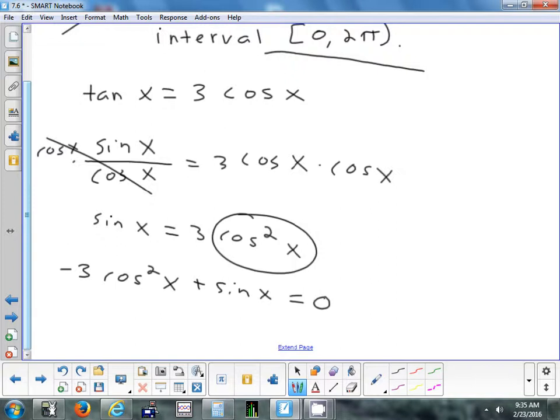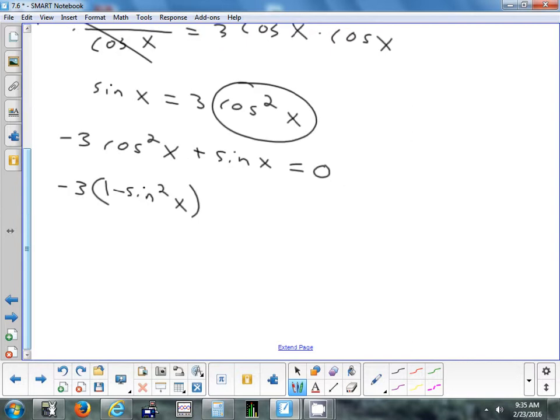All right. Cosine squared. Does anybody remember what that is? I think we already did it once. 1 minus sine squared. Okay, plus sine x. Right, we've got negative 3 times negative sine. What's negative times negative? Positive. Plus sine x.